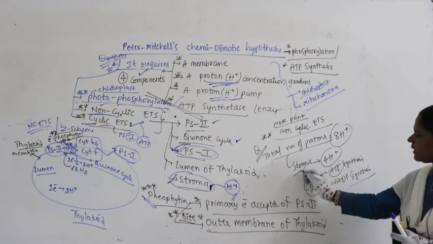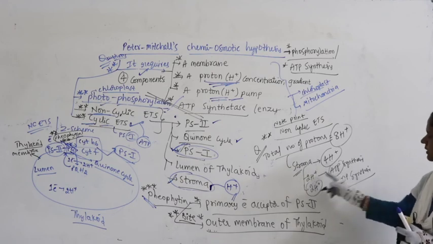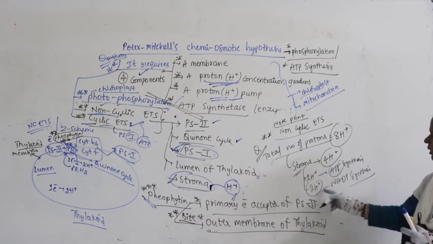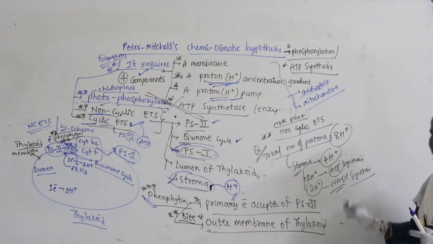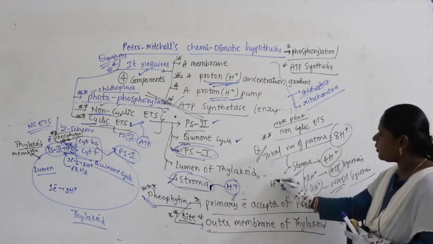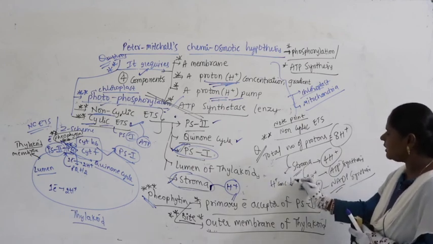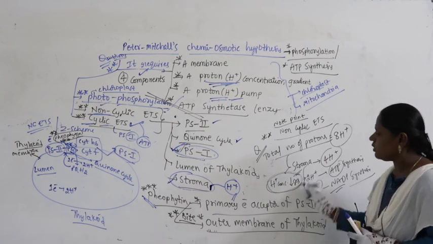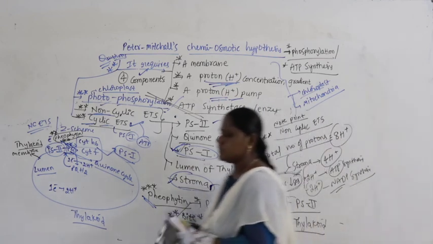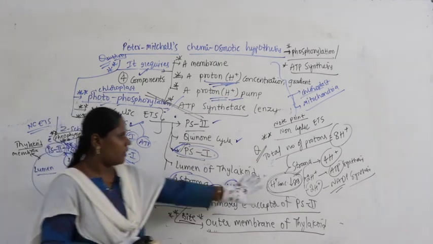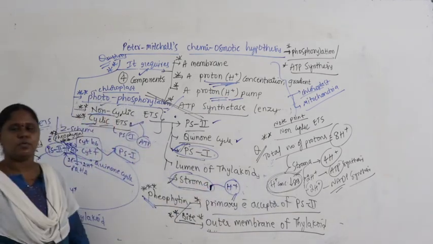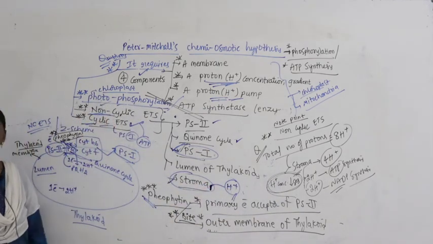Out of that, the stroma will give 4 protons: 2 for ATP synthesis and 2 for NADPH synthesis. That means in the stroma the proton concentration decreases. Guys, what I told you in the last point, try to remember. With this we will continue with the chemiosmotic hypothesis.